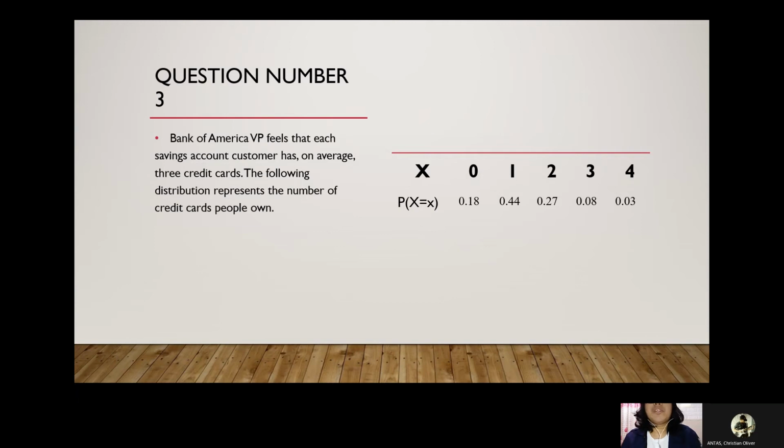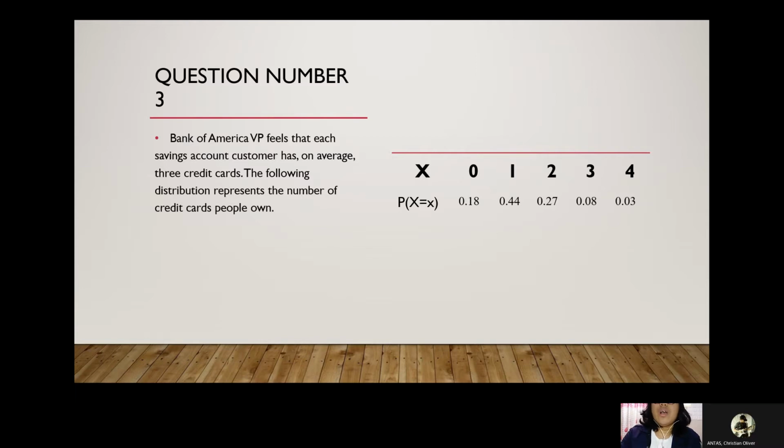So question number three. A Bank of America VP feels that each savings account customer has an average of 3 credit cards. As we can see on the side again, that is the probability distribution table. The variable x is 0, 1, 2, 3, 4, and the probability function of 0 is 0.18, 1 is 0.44, 2 is 0.27, 3 is 0.08, and 4 is 0.03.